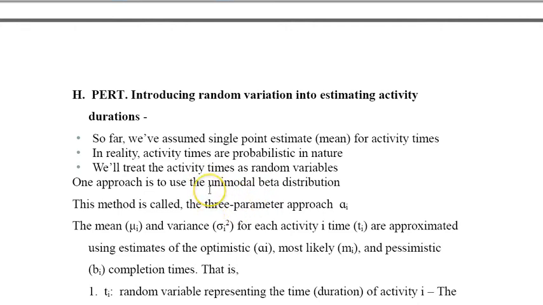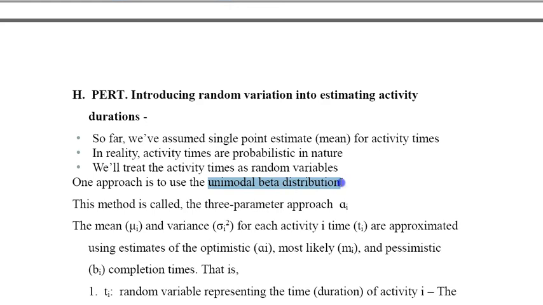Because there is no data, we ask ourselves questions like, what's the minimal duration that activity can take? What's the maximum it can take? What's the most likely it can take? And from this basic information, we can identify a distribution which is called the beta distribution.